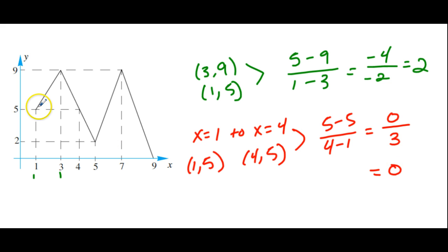So the average rate of change from here to here is actually 0, and the reason why is because there is a horizontal line. All right? So looking at a graph, you can basically find the slope and find the average rate of change, and that's not that hard.